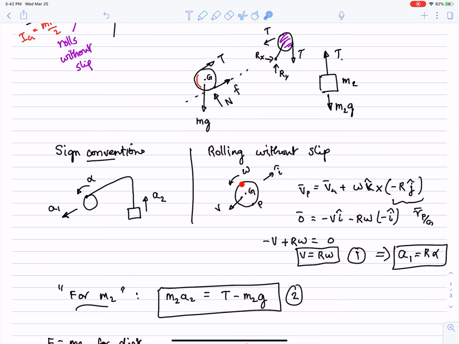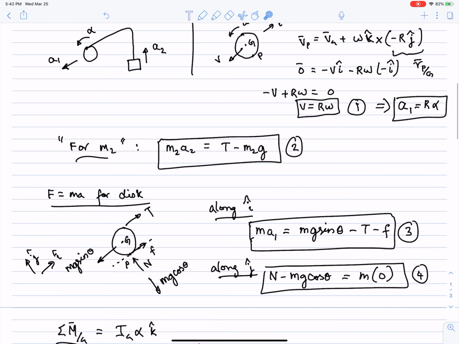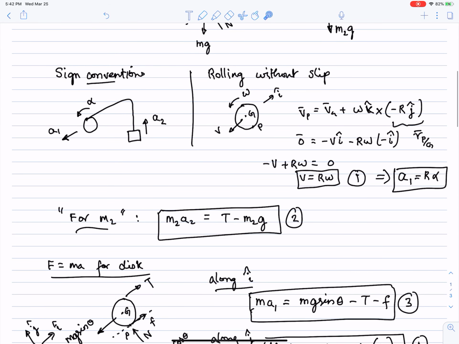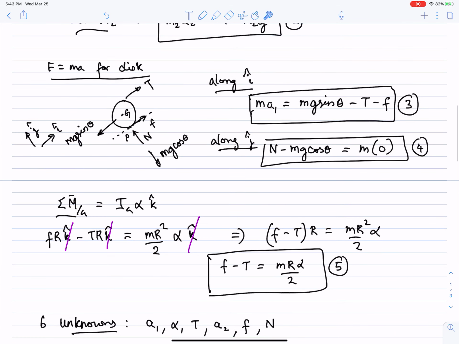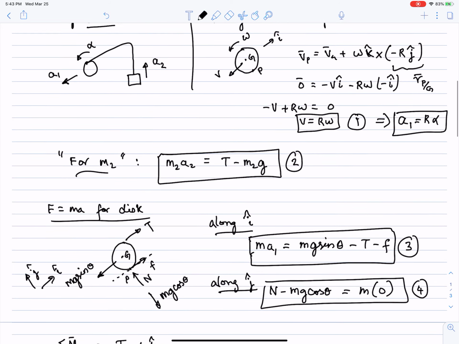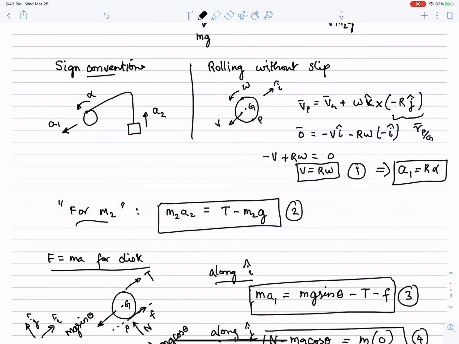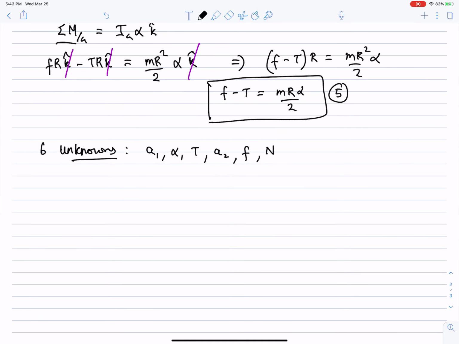The topmost point actually has velocity 2v. Similarly, if you look at the acceleration of this point along this direction, it's going to be 2r alpha as opposed to r alpha. So let's denote that point by something. P, I don't know.